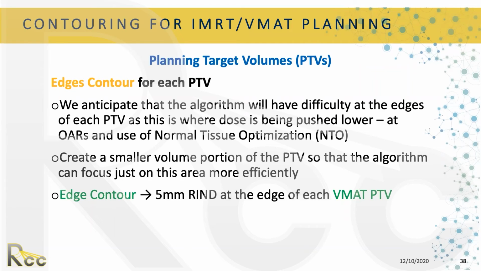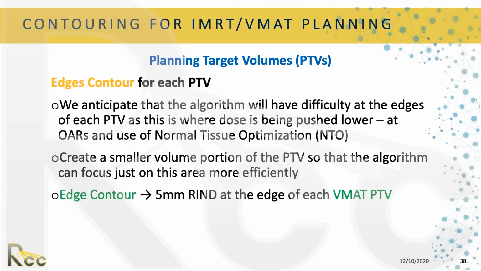Another structure that we're going to be using is these edge contours for each PTV, which are basically 5 millimeter lines or bands inside, at the edge of each PTV. I'll show you an example. In general, when we start optimizing, we anticipate that the algorithm will have some difficulty at the edges of the PTV. Why?